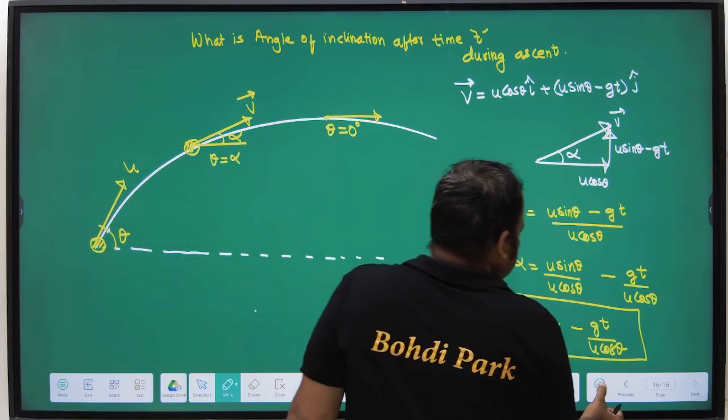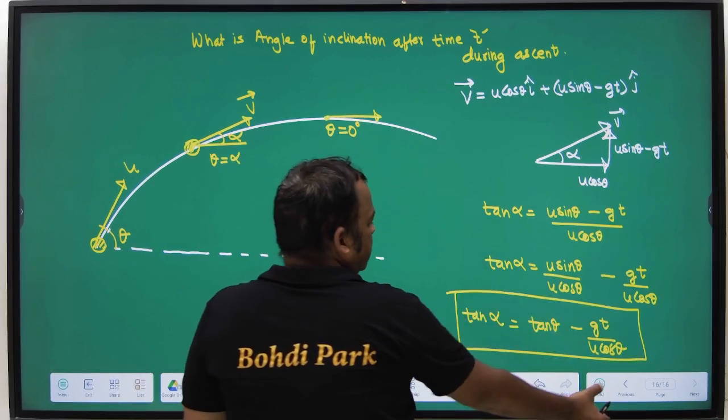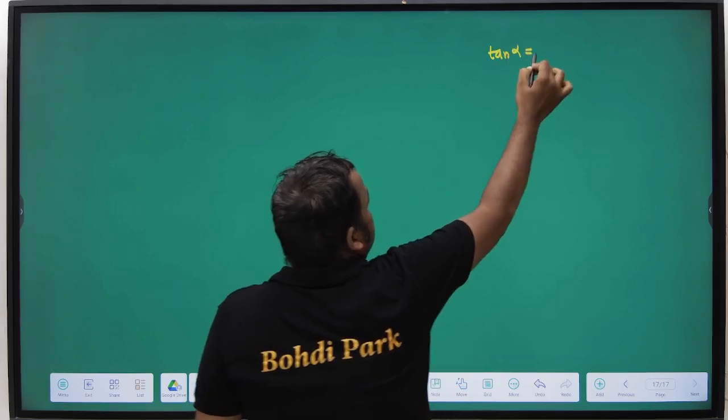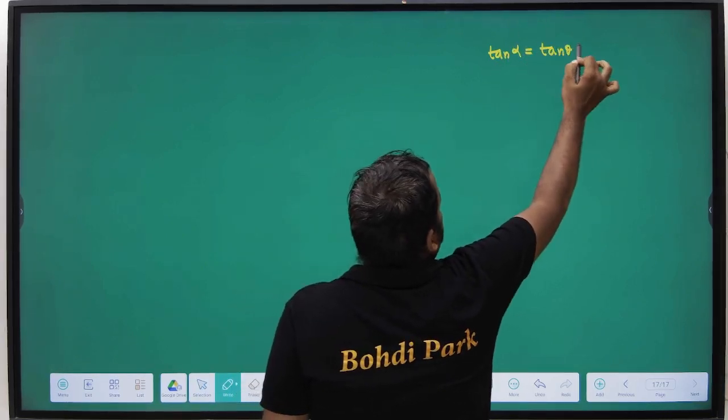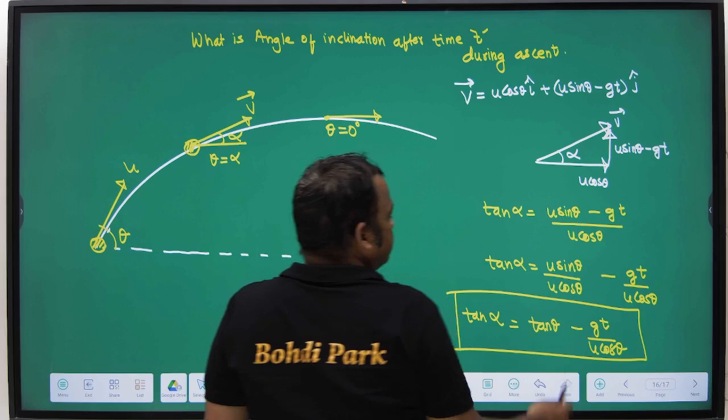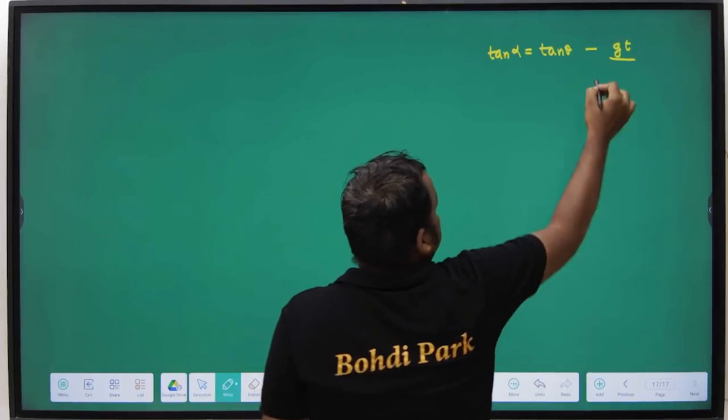So let's solve one question based on this formula. So I'm writing this formula again. Tan alpha is equal to tan theta minus gt divided by u cos theta.